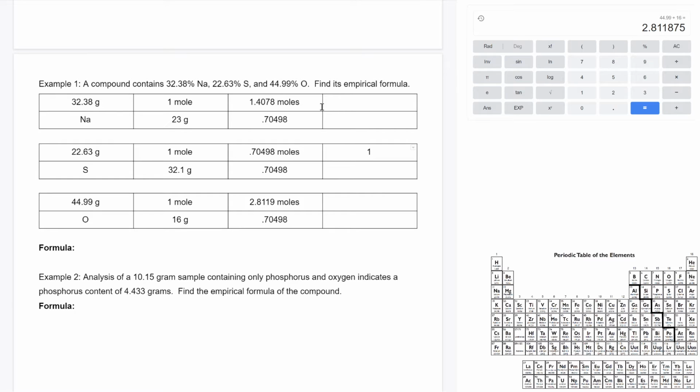So that's obviously 1. 1.4078 divided by 0.70498, so you get 1.9969. And the last one gives 3.9886.